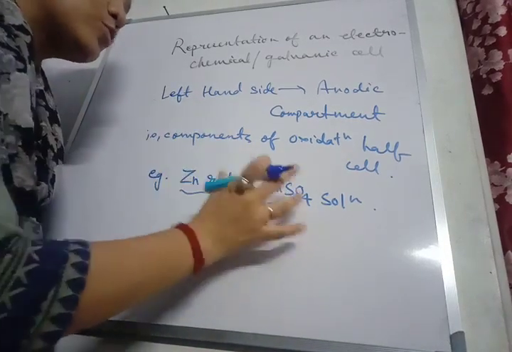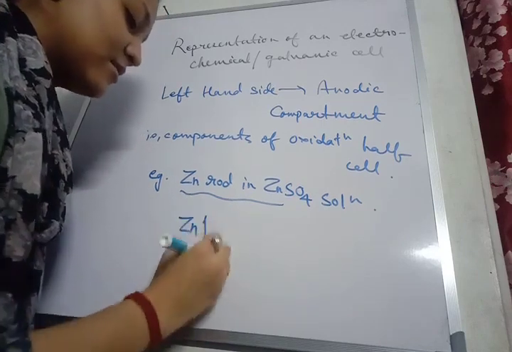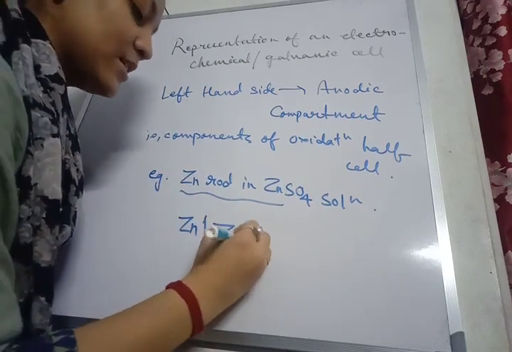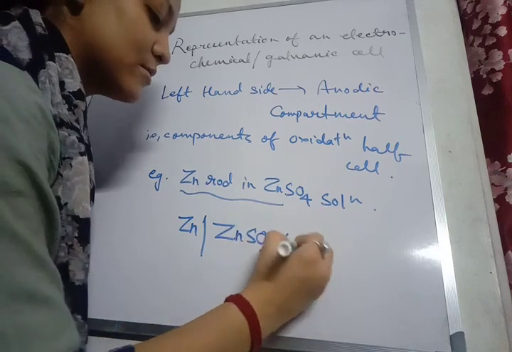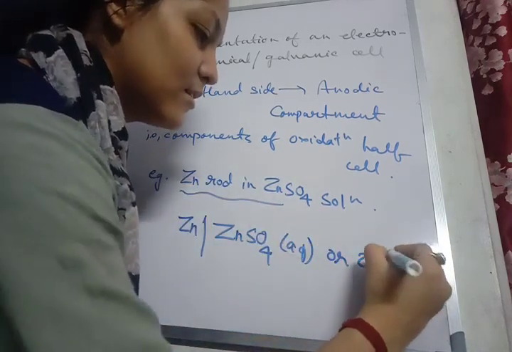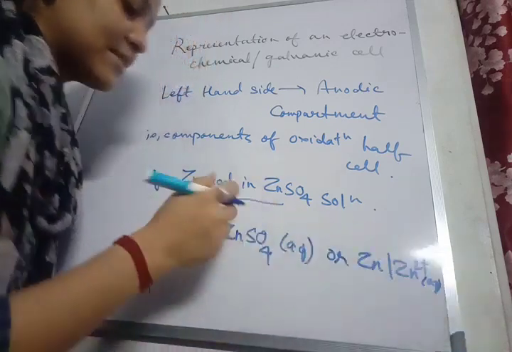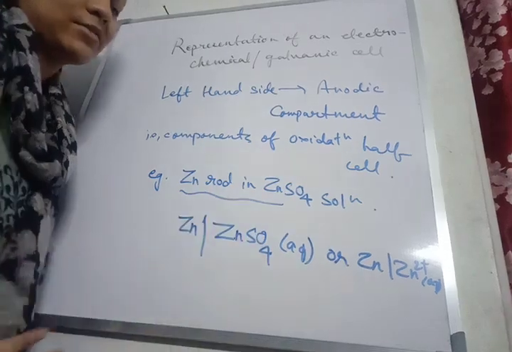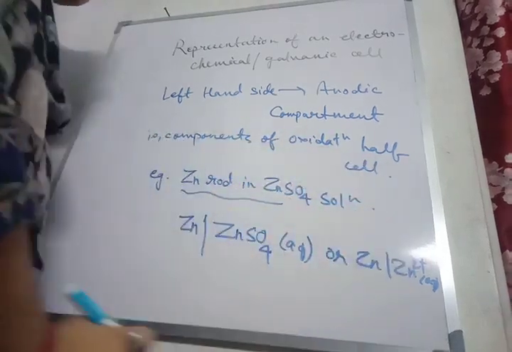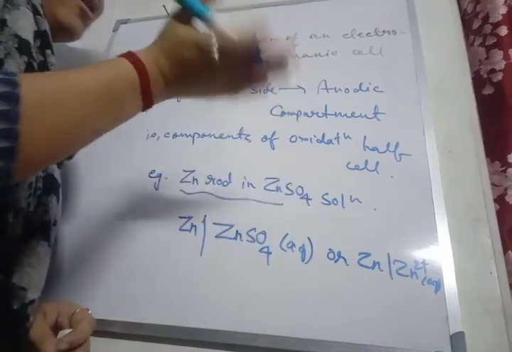Now these two parts are separated by a single vertical line, that is Zn vertical line ZnSO4 aqueous. Either this or we can write Zn2+ aqueous, because sulfate ion doesn't take part in the reaction. So this way I represent my oxidation half cell, that is the anodic compartment, on the left hand side.